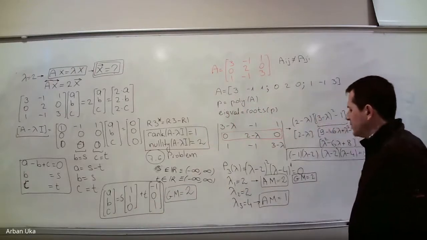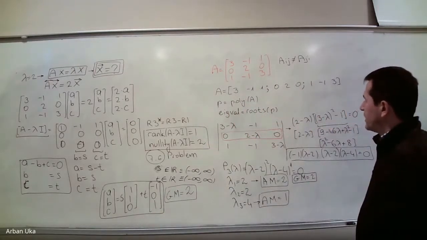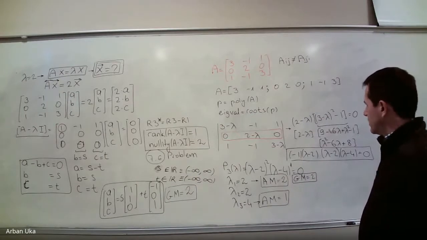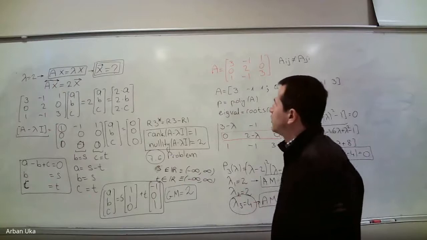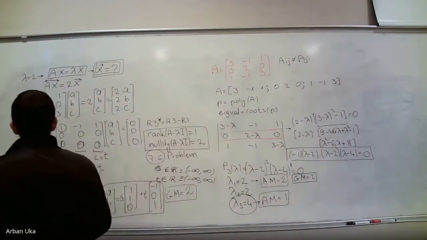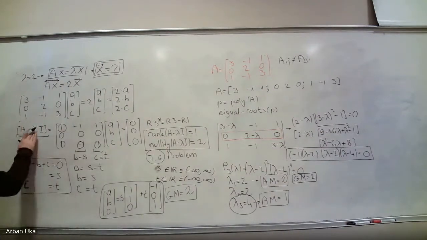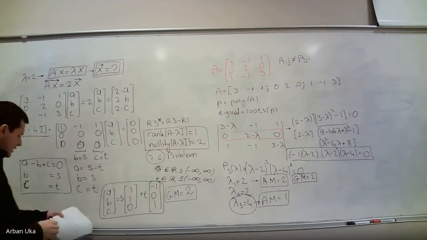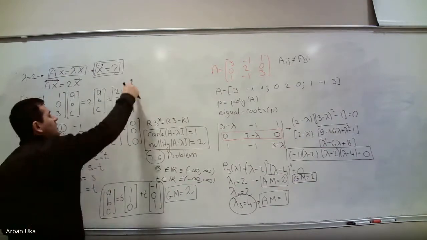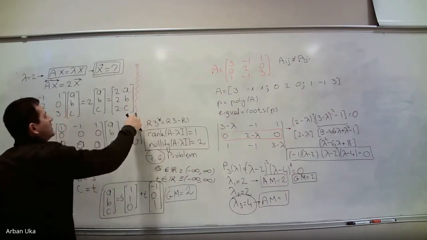Now, we need to find also the eigenvector which corresponds to lambda 3 equal to 4. For lambda 3 equal to 4, we can have a look here. So instead of this lambda, imagine what happens if we put here 4. What will the matrix be then?